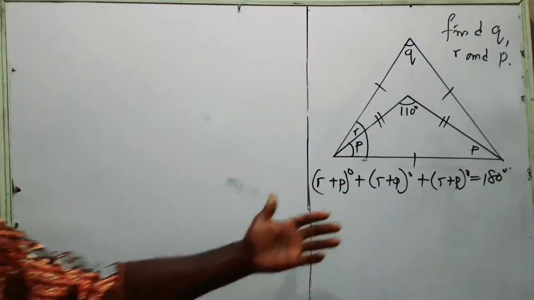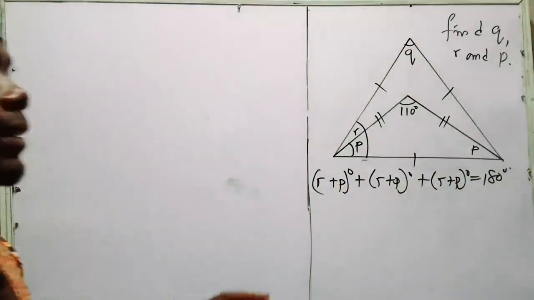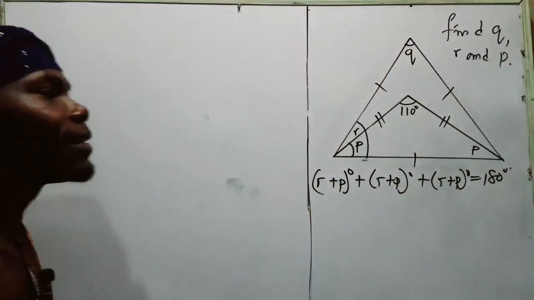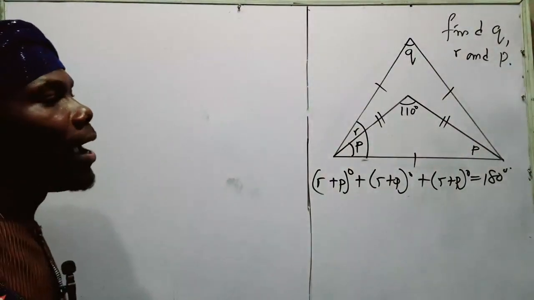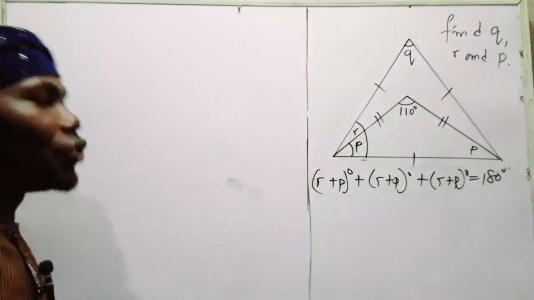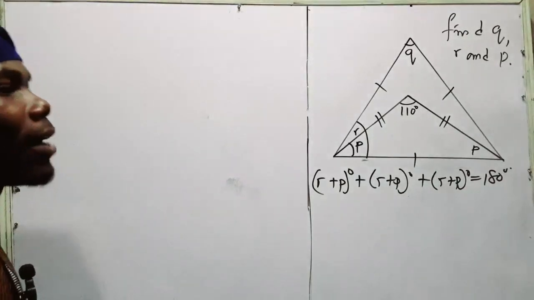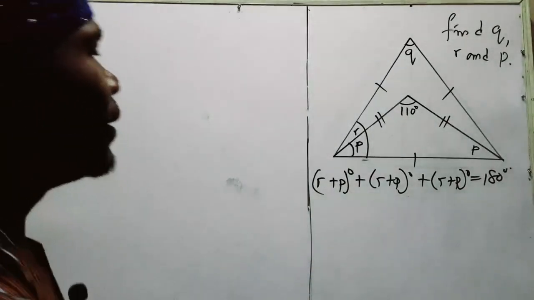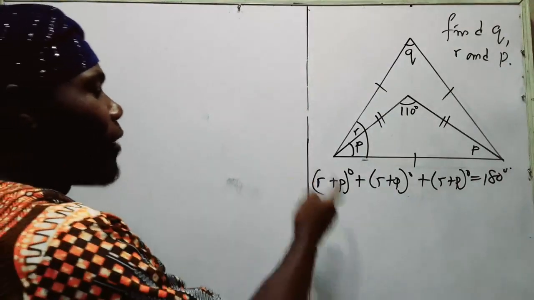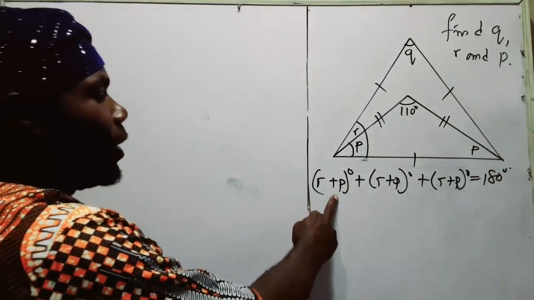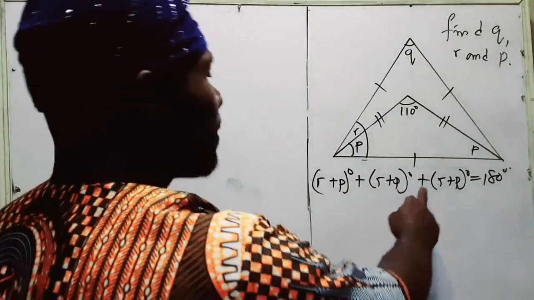That is another property of a triangle, that the sum of the three angles of a triangle must be 180 degrees. So if the sum of the three angles of a triangle is 180 degrees, that is why we have the right to say R plus P plus R plus P plus R plus P.